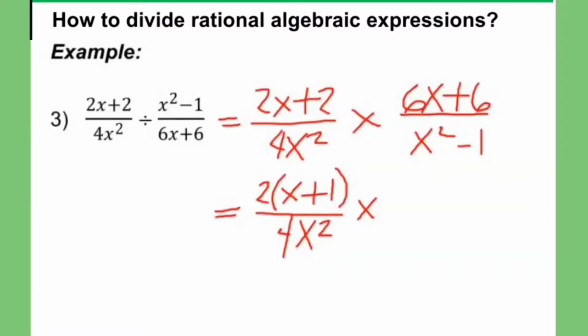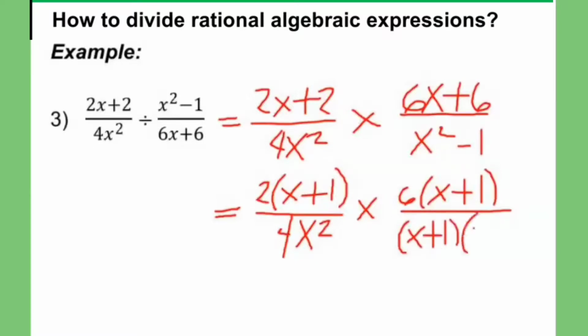The common factor is 6, so we can factor out 6. Then, we will have the other factor, x plus 1. All over, x squared minus 1 is a difference of 2 squared. So, its factored form will be x plus 1 times x minus 1.